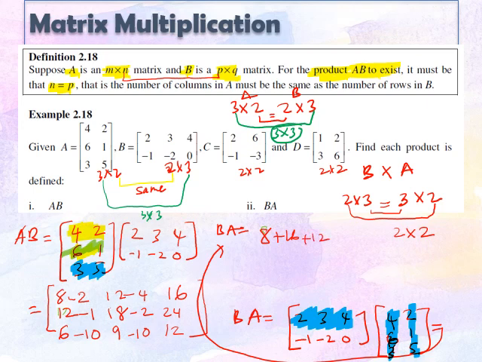And then the second one will be 4 times 6, 2 times 2 is 4, plus 3, plus 20. And then for the second row.